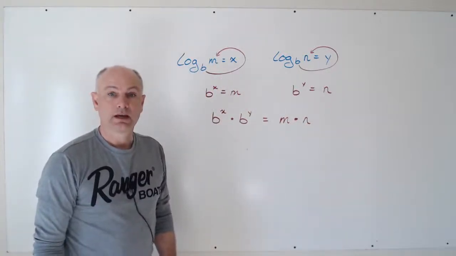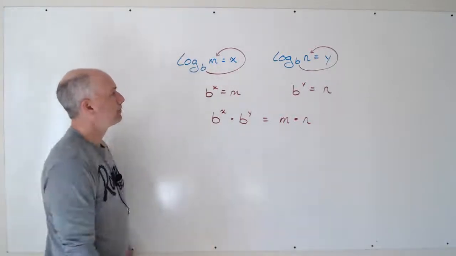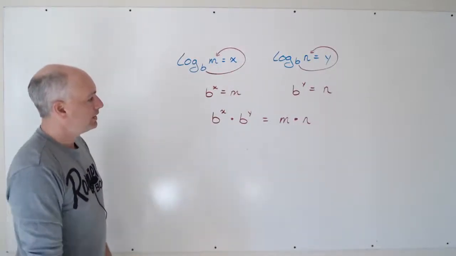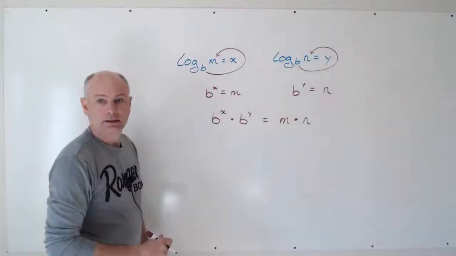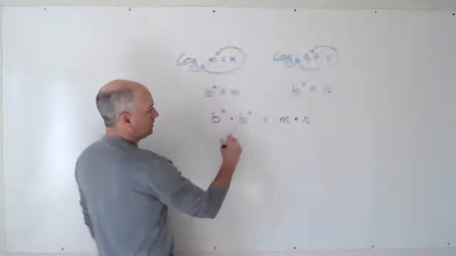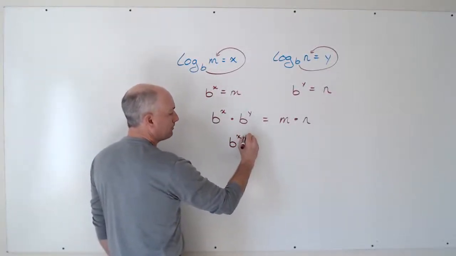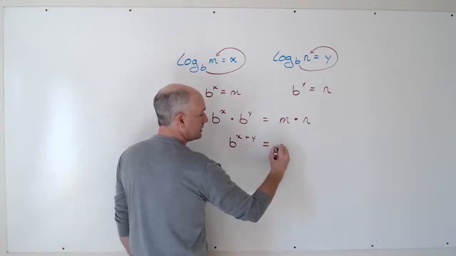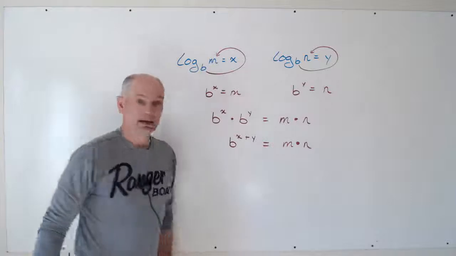Now, we could then argue that this is b to the x plus y is equal to m times n.